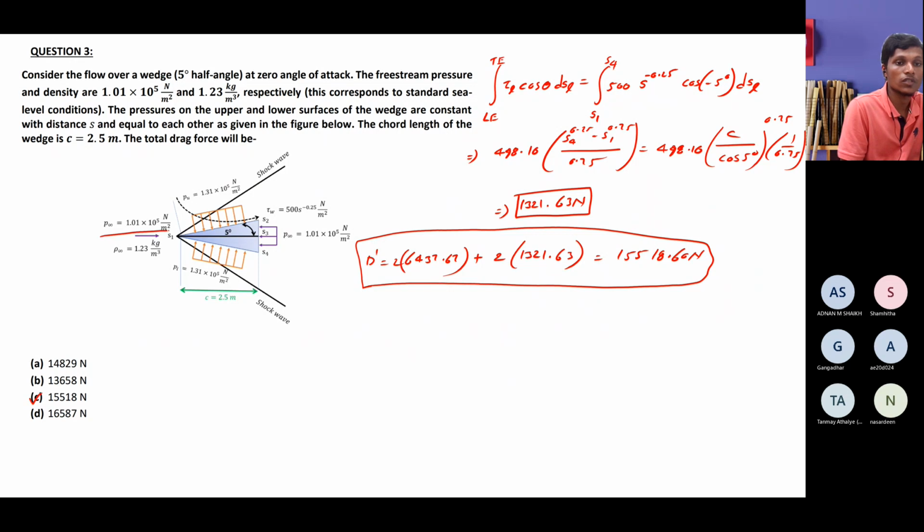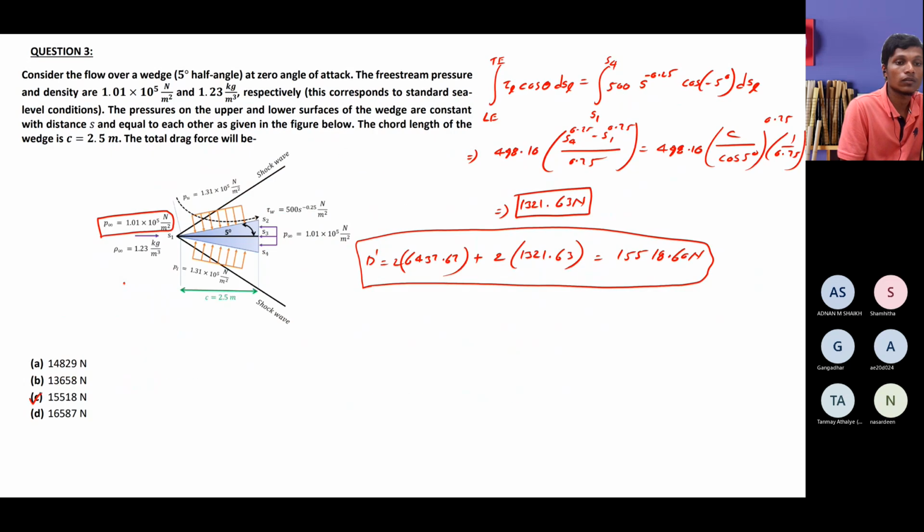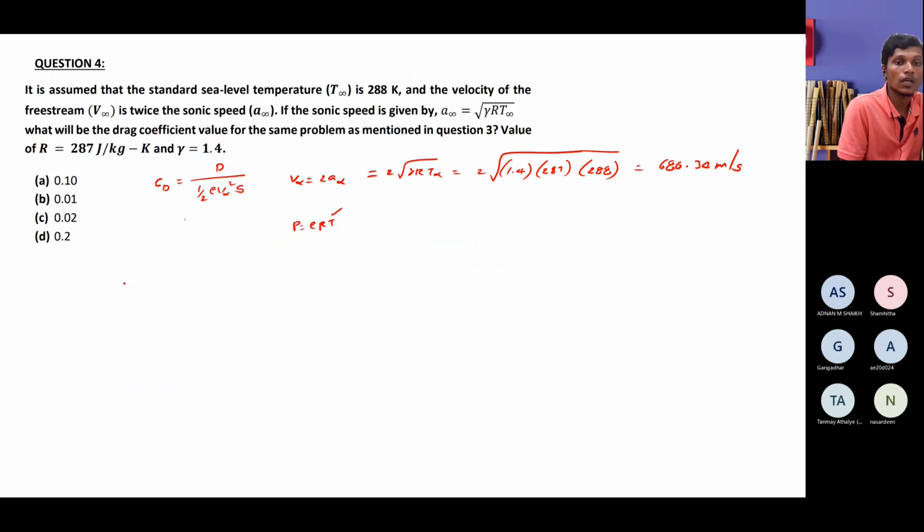You just take the pressure from this location and substitute those values into that equation. As you have the pressure, temperature and R, you will get rho equals 1.23 kg per meter cube. Fine. So use this density value.